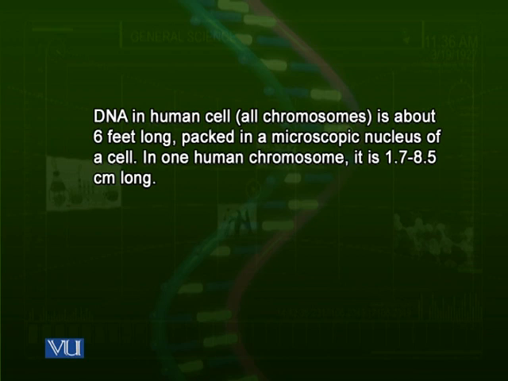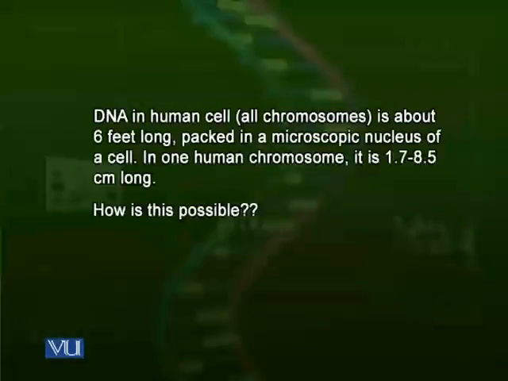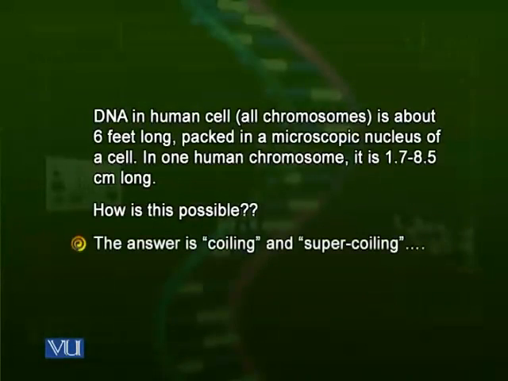You can guess, 6 feet is more than the height of an average person, and this is packed in a microscopic cell and even inside its nucleus. How is this much long DNA molecule packed in a microscopic nucleus, a very small one, which we cannot see with the naked eye? How is this possible? The answer is coiling and supercoiling.